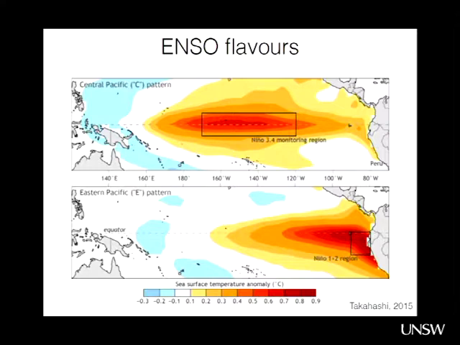If you're trying to look at just ENSO events in general, you want an index which will capture all of them. Whereas if you're trying to separate them by different flavours, then you look at different indices. That's why there are so many different ones floating around. And it's the same for the PDO, IPO. There are a few different ways of calculating that. It depends sometimes on what data you have available.